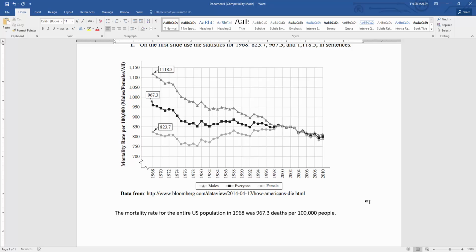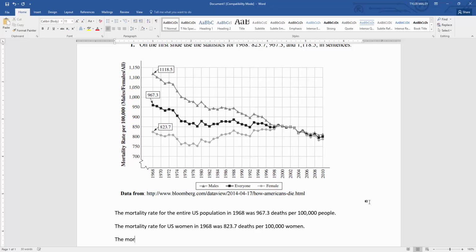Next I want to use the number 823.7. We could say the mortality rate for U.S. women in 1968 was 823.7 deaths per 100,000 women. And lastly, I need to use the statistic 1,118.5.